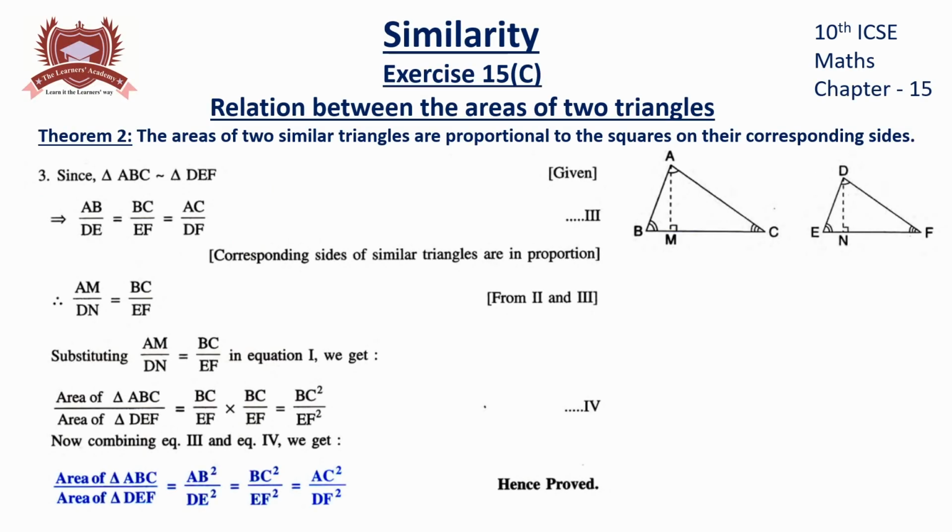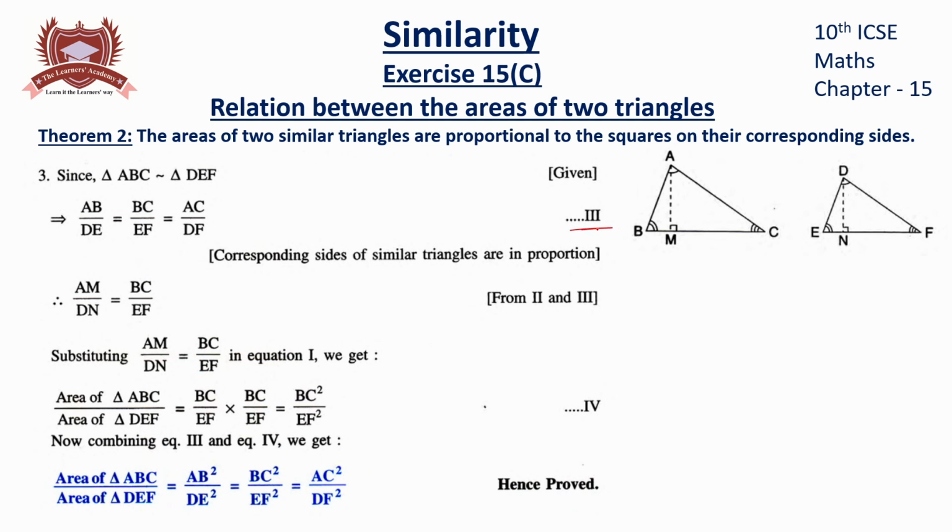Now if I consider my first and the second statement, similarly, in triangle ABC and DEF, AB upon DE is equal to BC upon EF is equal to AC upon DF, because the triangles are similar, which is already given to us. This is my third statement.